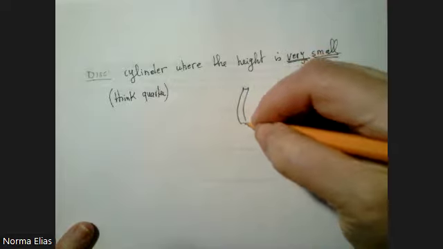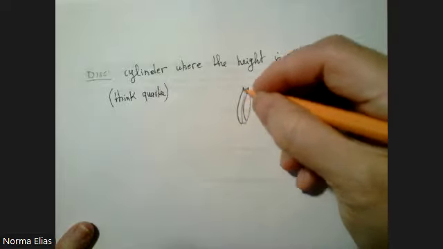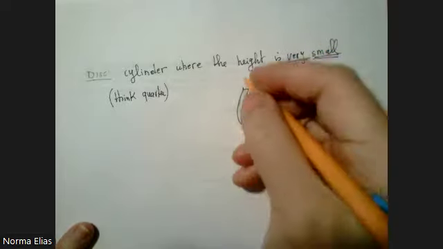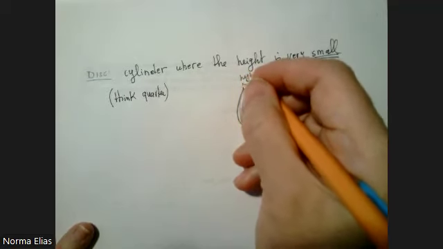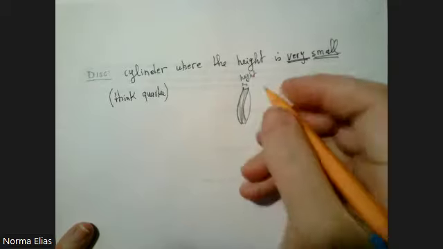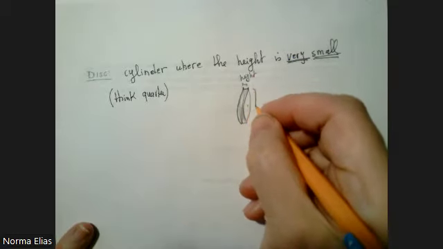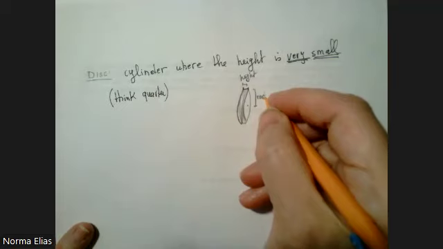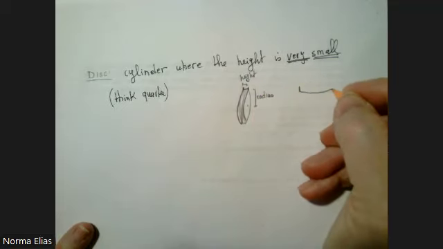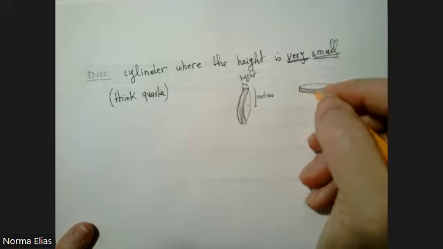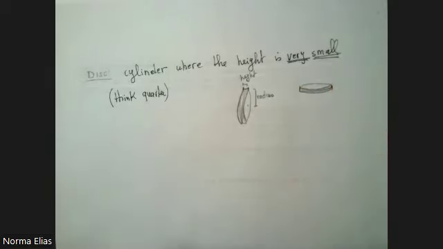Very small height. That's a cylinder. This is the height here, which, as I said, will be either delta y or delta x, and this is the radius. Or you can think of it as very small, this is a disk. That's what we mean by a disk.